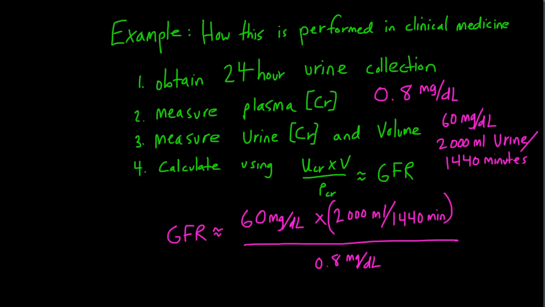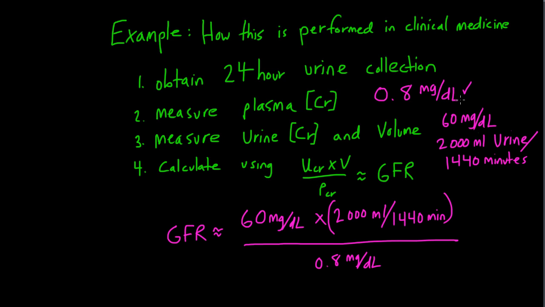Now let's look at normal values for a normal human. The normal plasma creatinine concentration is about 1 milligram per deciliter, give or take a couple of tenths. In this example, the plasma creatinine concentration is 0.8 milligrams per deciliter.